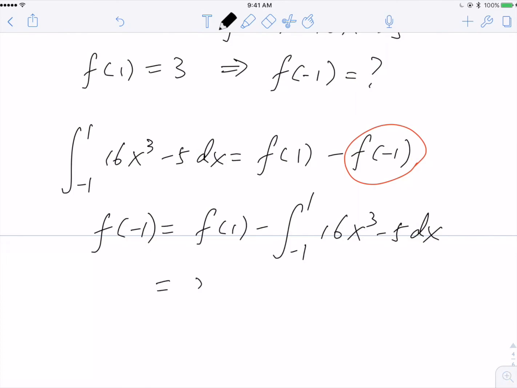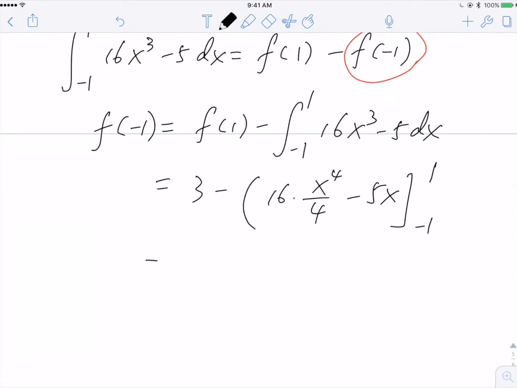That's equal to 3 minus, so it's going to be 16 times x to the power 4 over 4 minus 5x, from negative 1 to 1. So that's going to be equal to 4x to the power 4 minus 5x, from negative 1 to 1.